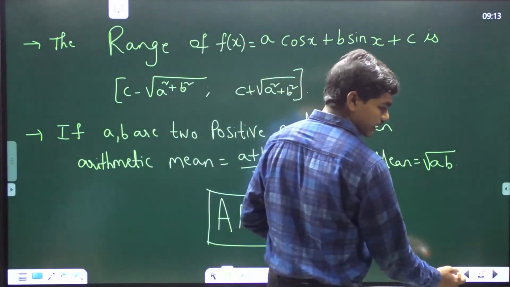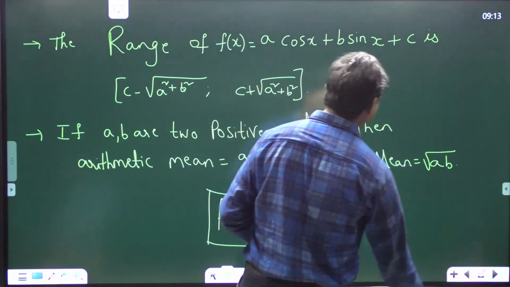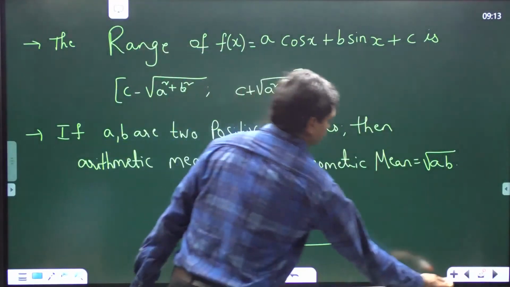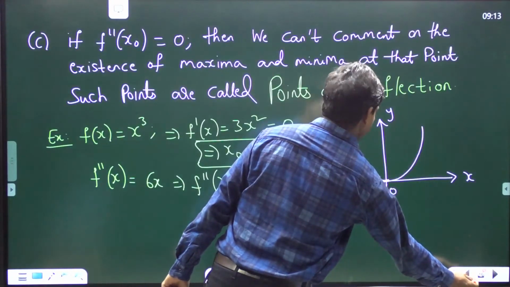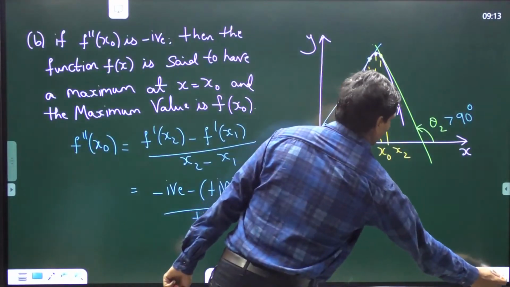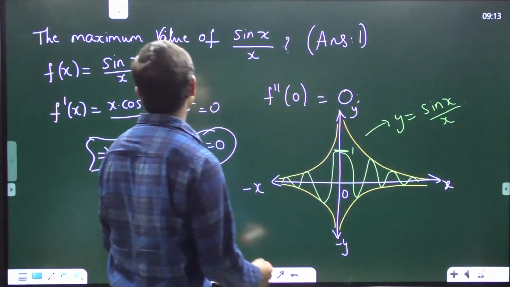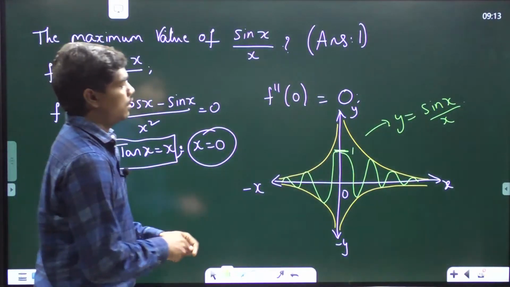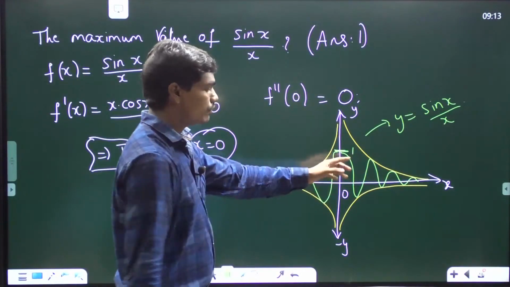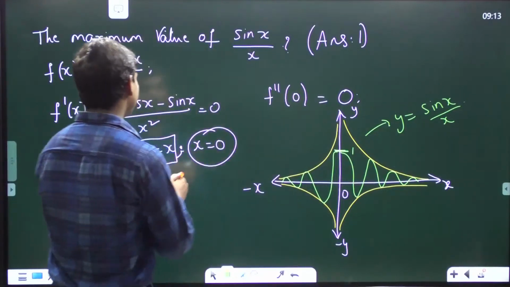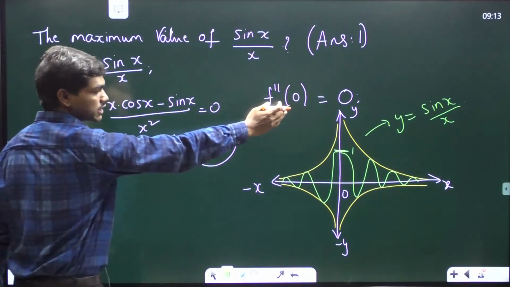Manoj, why explain the failing of sin x by x case once? See, if you see, this is how the graph of sin x by x looks like. Now, why does it fail? x equal to 0 is one stationary point, correct?